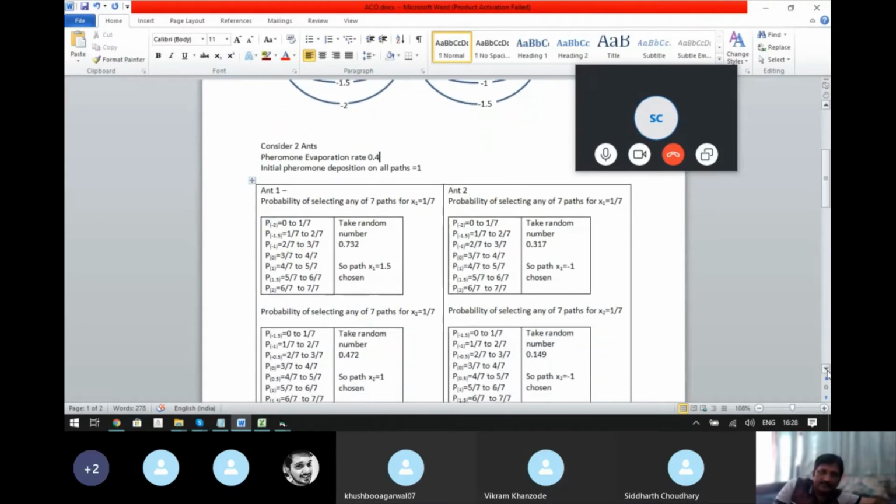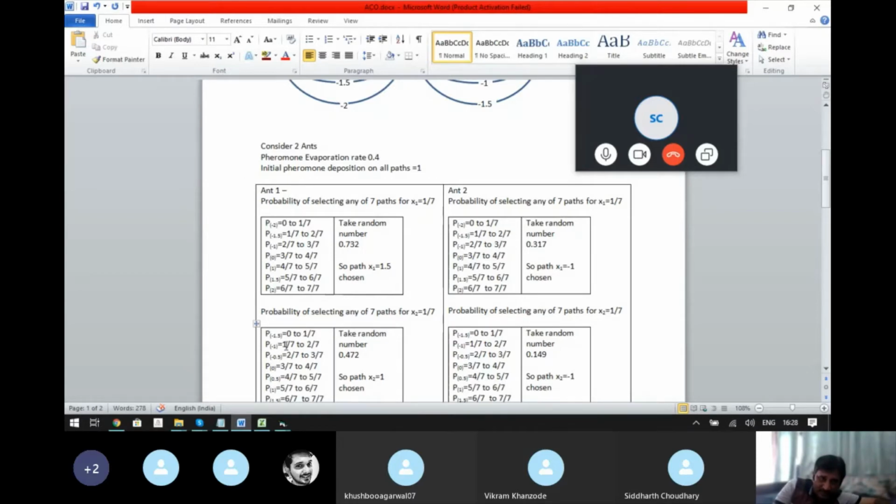Again, the probabilities for selecting the path.